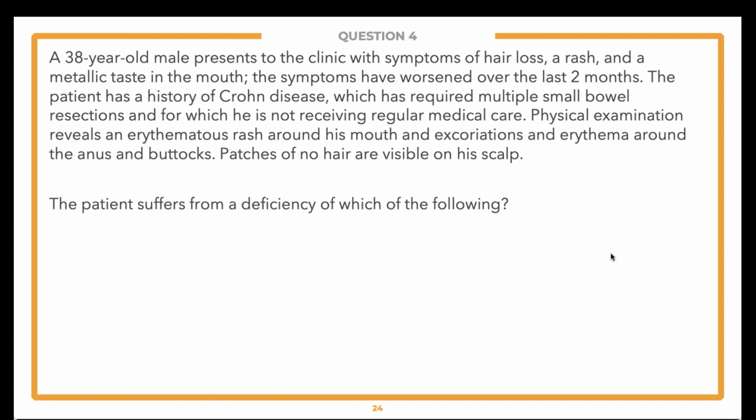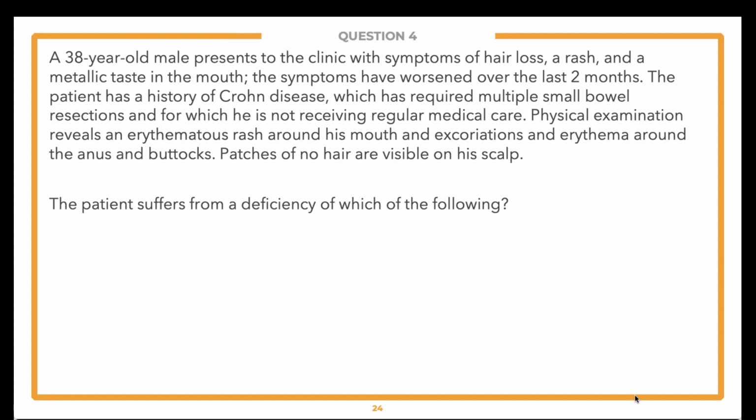Physical examination reveals an erythematous rash around his mouth and excoriations and erythema around the anus and buttocks. Patches of no hair are visible on his scalp. So the question, the patient suffers from a deficiency of which of the following? Great. Head on down to the question box.